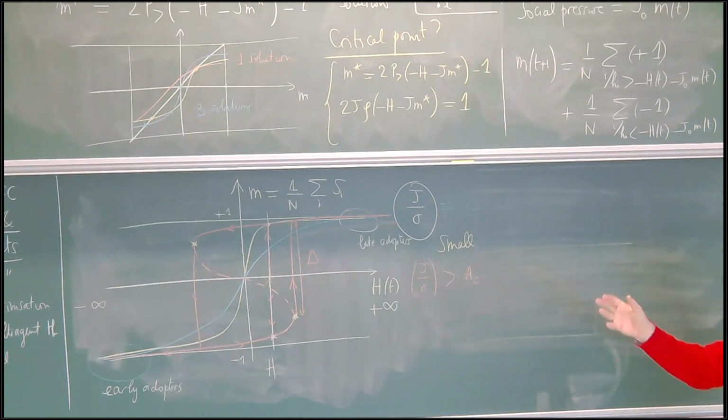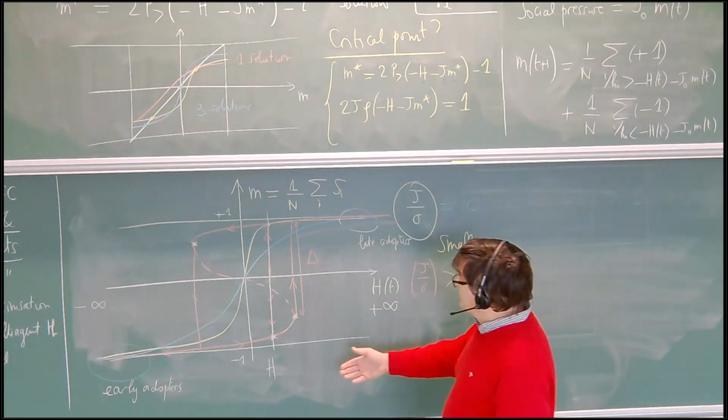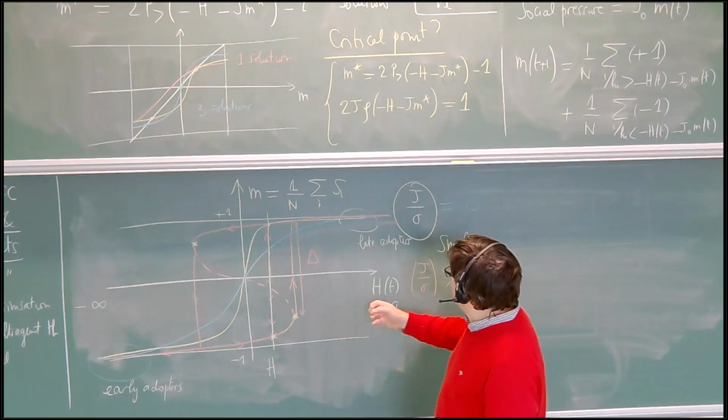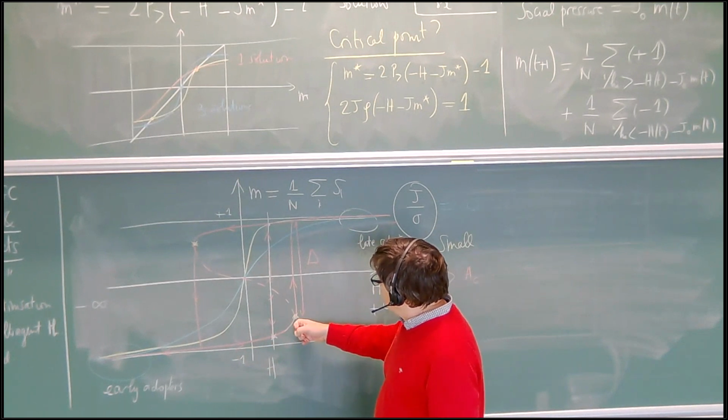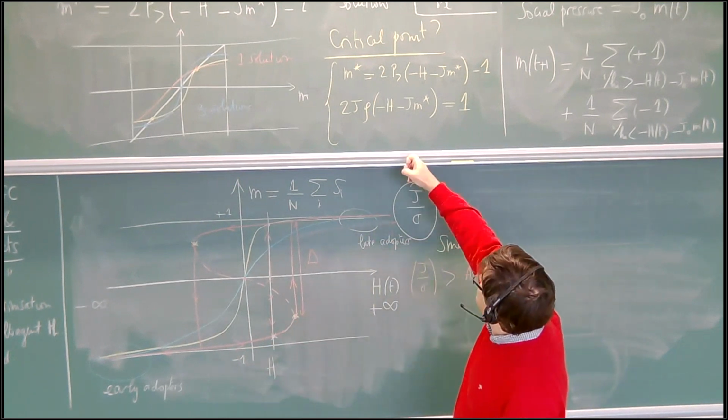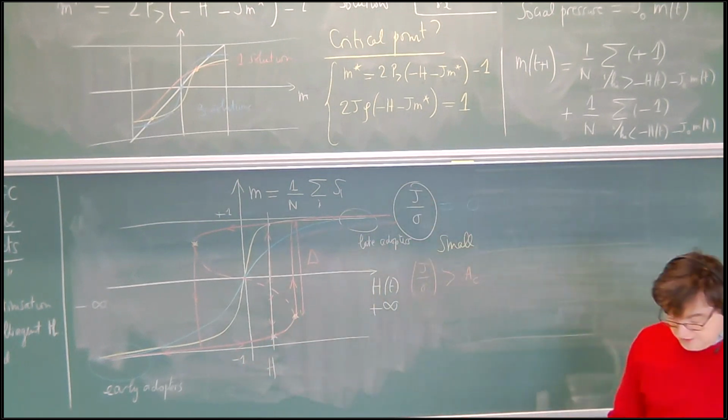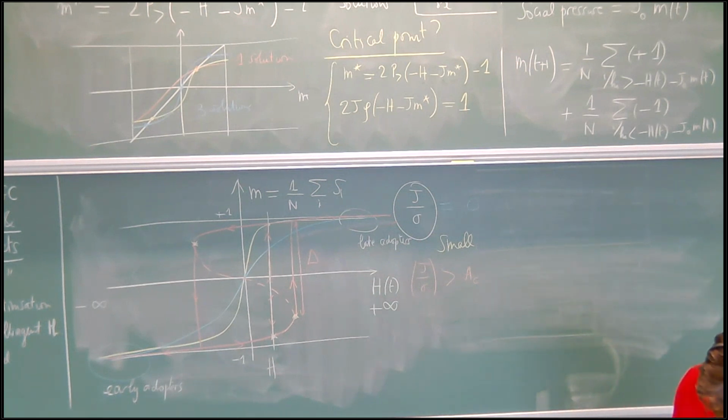So depending on the way you want to think about it, either at fixed h letting j vary, or at fixed j letting h vary, you get the value that you need. In the graph here, I was assuming that j is fixed and that I'm varying h, and this point here is where the 3 solutions merge into 2 and then become 1.